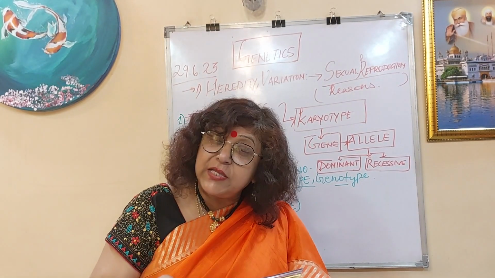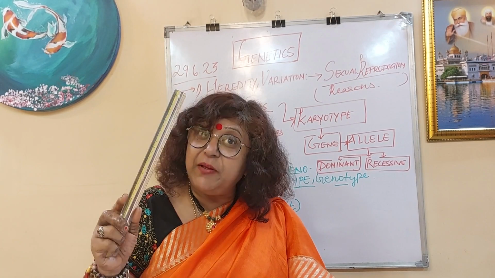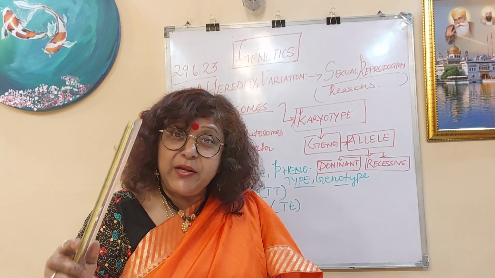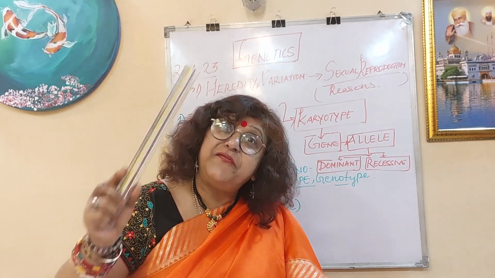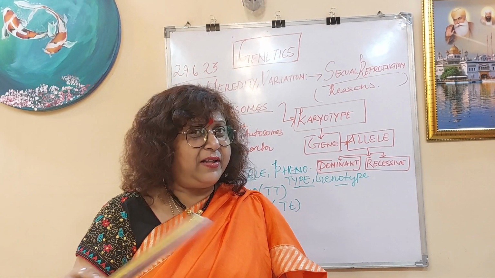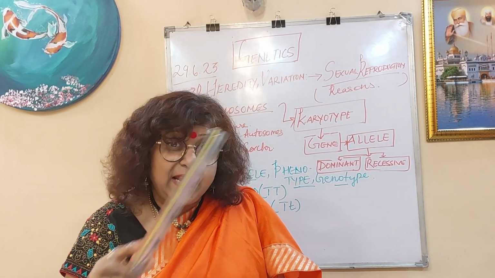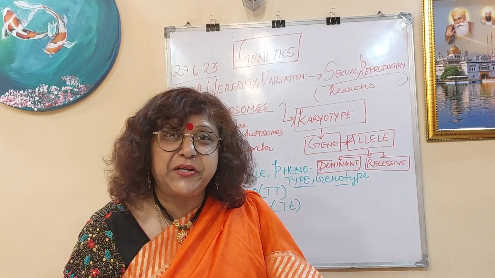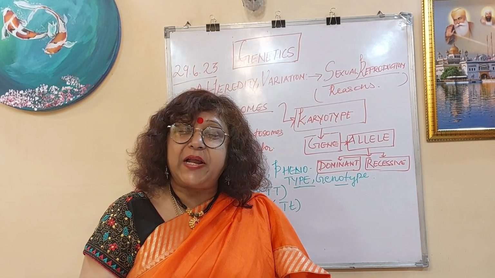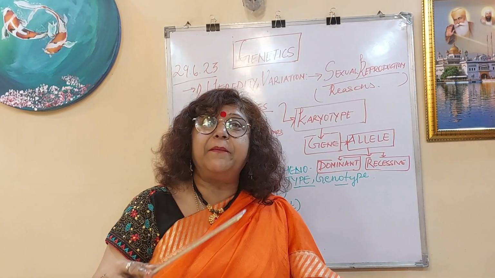Second, the crossing over which takes place during meiosis. Third, the chance of coming together of the chromosomes during fertilization because the zygote has to be formed. And fourth, sudden change in the genetic order, a genetic alteration of their DNA, which is called mutation.